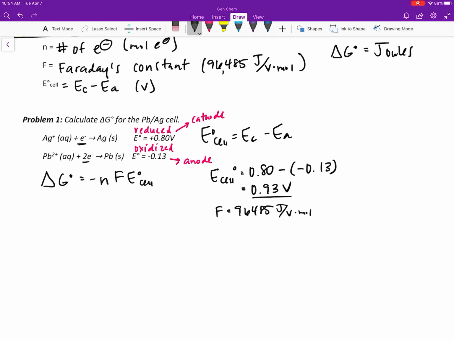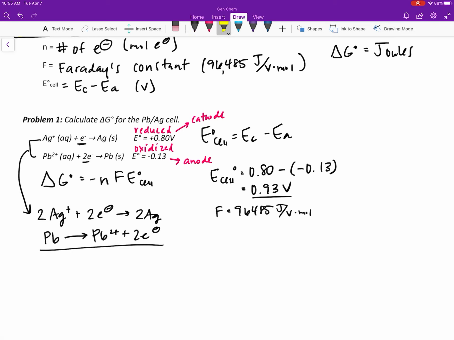Okay, and so if you remember about adding the equations together, to get the electrons to cancel out, we would multiply the entire silver half cell equation by 2. And then this would leave us with the following, where the 2 electrons are going to cancel out, and that's what my n value is. It's the 2 electrons that are lost from lead that are gained by the silver.